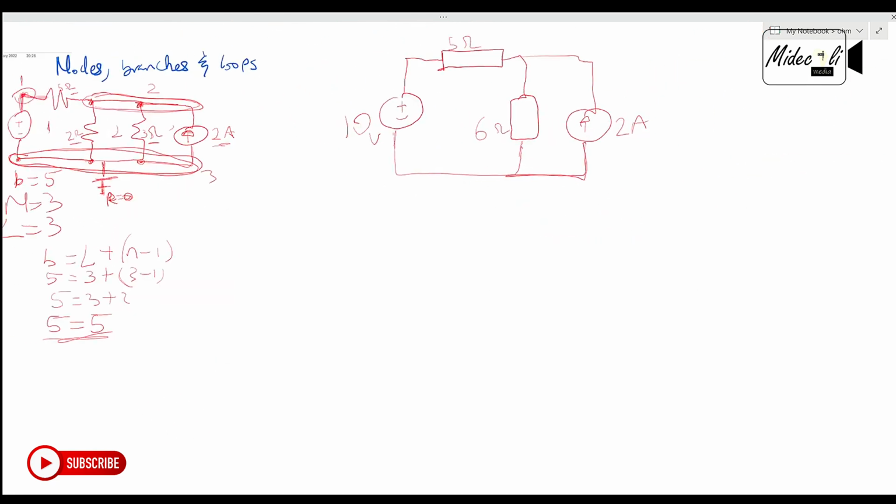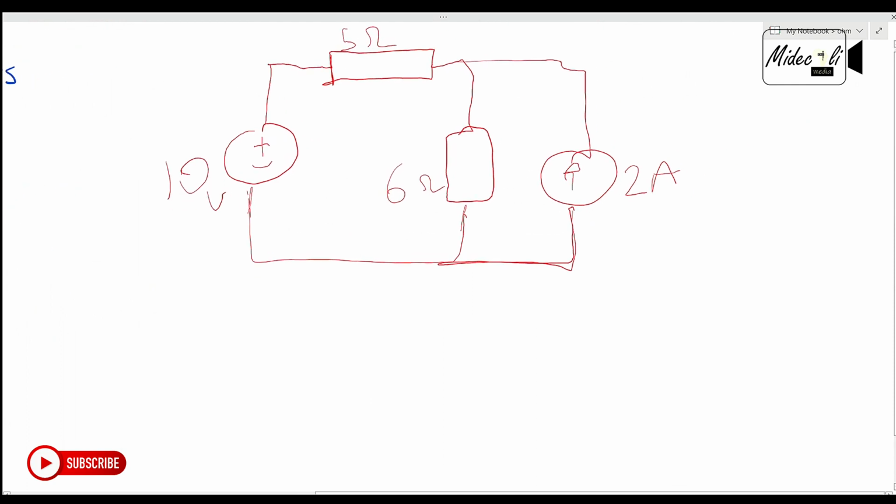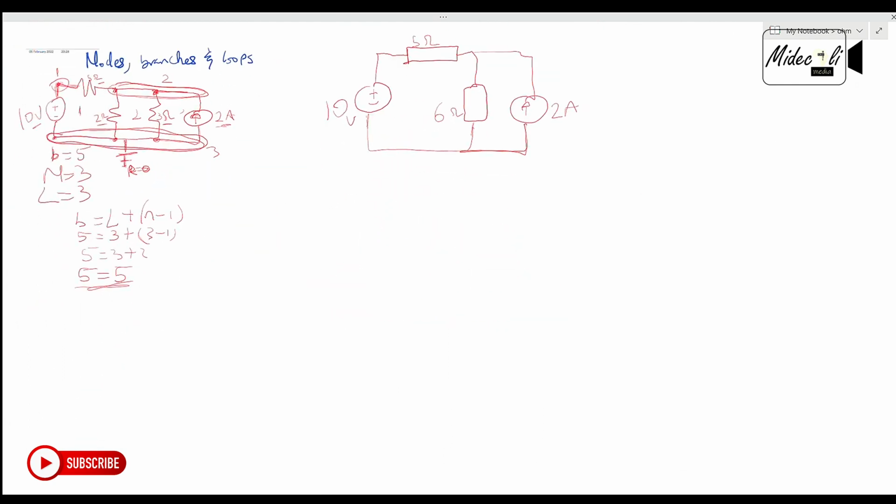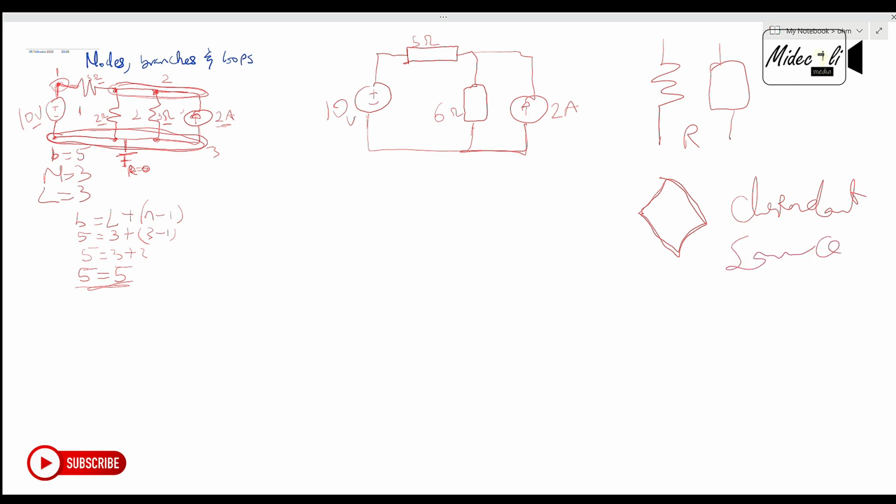Now let's go to the second image. Yes, before we go far, I need us to understand that this and this are resistors. This diamond sign means dependent source. It could be a dependent voltage source or a dependent current source.